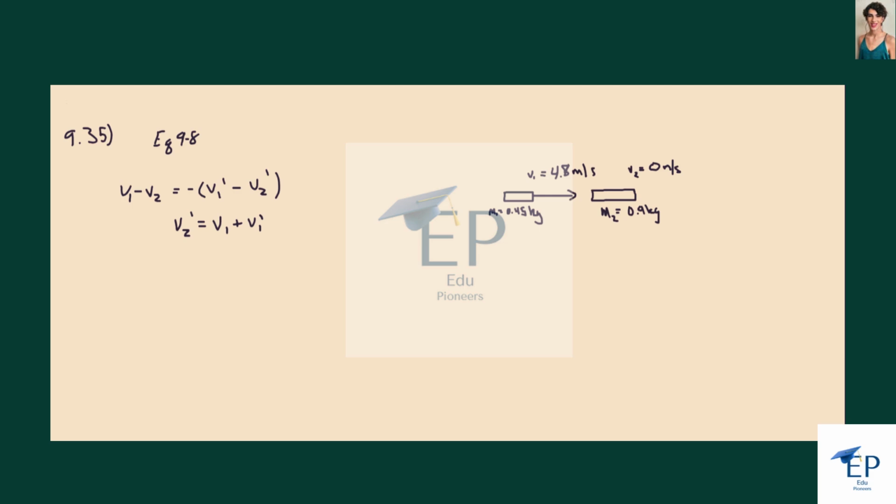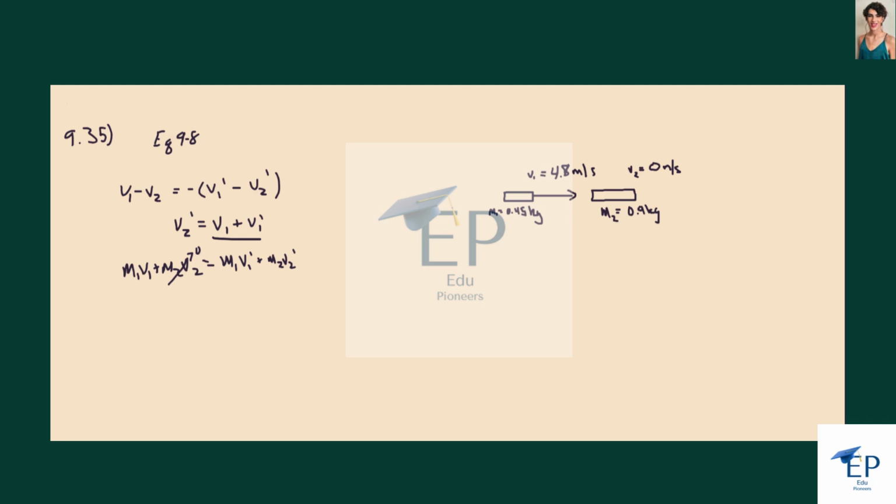Okay, so now we can go to another equation, which is the conservation of momentum. So that tells us that m1 v1 plus m2 v2 needs to equal the same things with the final velocities. Well, we know v2 again was 0, so that part is okay. And then we can plug in what we have for v2 prime.